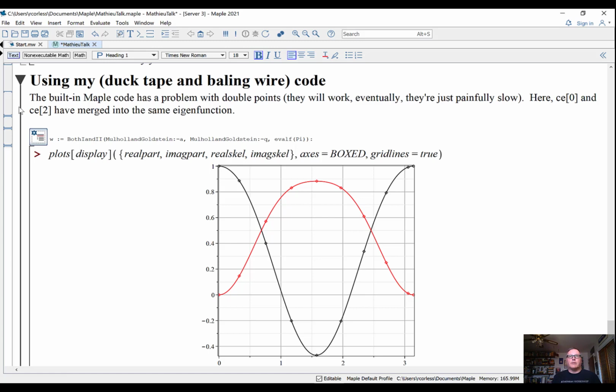And the little knots on the curve, those are the places where my numerical method stepped to, and the lines in between are drawn by two-point Hermite interpolation. I have very high order methods, and I have very nice, very beautifully stable Hermite interpolation on there. So I'm quite pleased with that stuff. But the Mathieu equations are hard in an interesting way, and we'll get to that in a second.